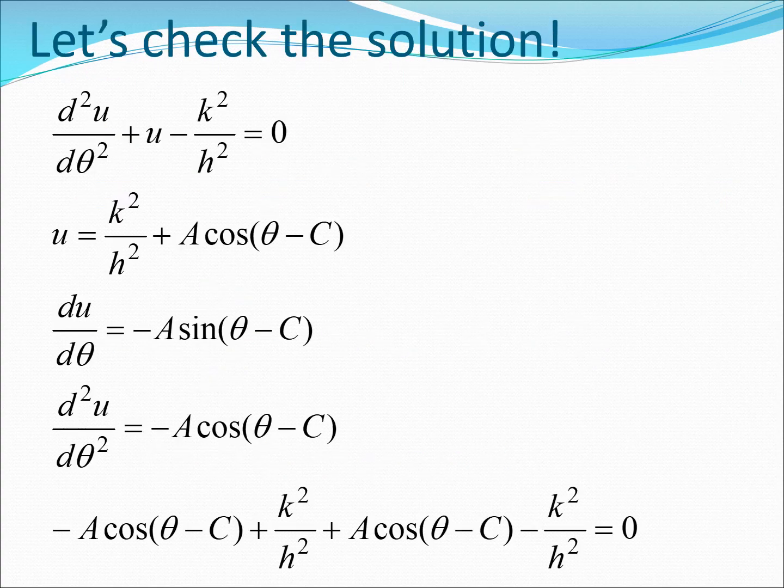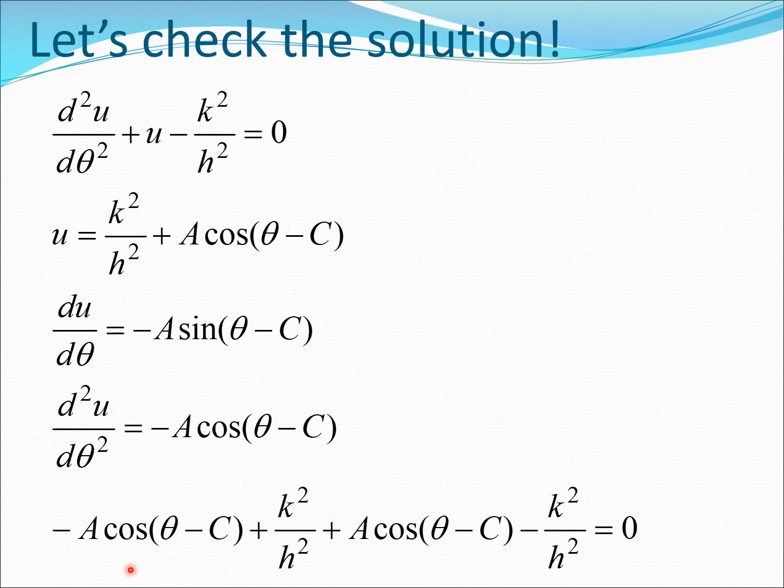Now we can simply check the solution. Let's start with the differential equation here. We had this u, we differentiate u with respect to theta, so the constant becomes 0, and this becomes minus a sine theta minus c. Differentiating again with respect to theta, this becomes minus a cos theta minus c. And then I put this second derivative back here.